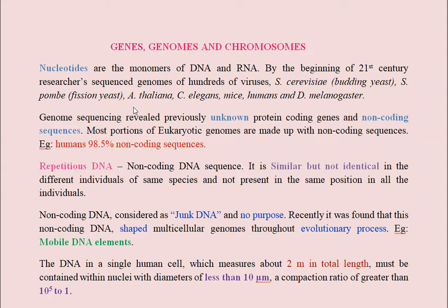Most of the plant related works, first they will do in Arabidopsis thaliana, because they know the genome sequence fully, and they know all the genes that are present in Arabidopsis thaliana. And C. elegans, which is a worm, and mice.